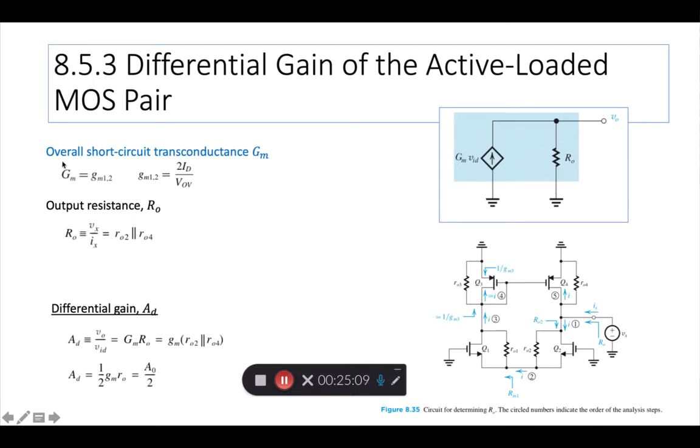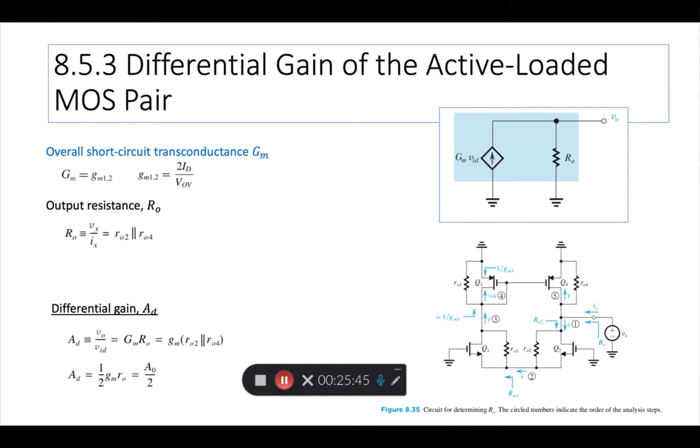Similarly, the overall short circuit transconductance, capital GM, is nothing but GM of 1 and 2, these two devices Q1 and Q2, whatever their GMs are, and you know their GMs can be calculated like this. And so this capital GM is nothing but small gm. Now to find this GM and to find this RO, lots and lots of steps are involved.